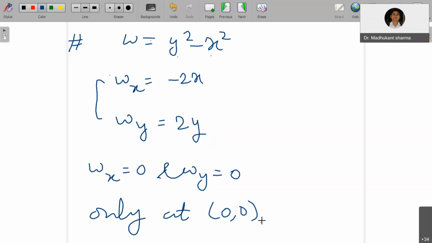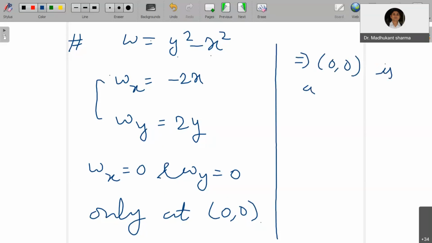Now we have to say what the nature of this function is near 0, 0. So 0, 0 is a critical point.